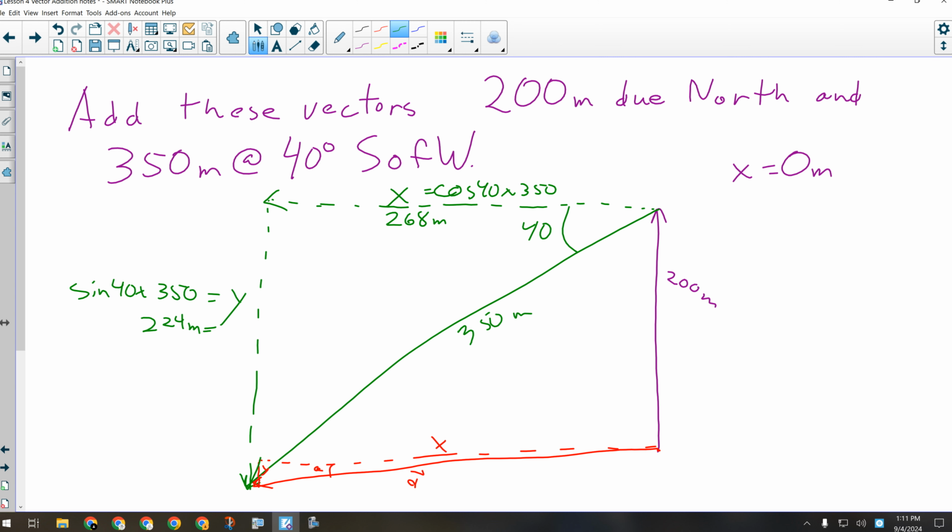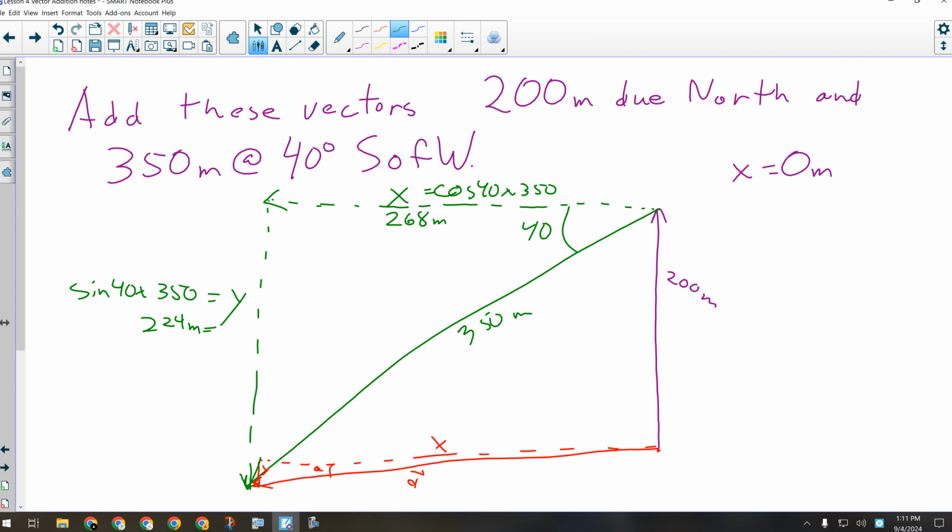We went 200 meters north in the first part, and then in the second one, we go just a hair past that in terms of going south. But we end up 268 meters west. So now I've done all the x's and all the y's. It was way less work for this one because I didn't have to do any trigonometry for the purple vector. It wasn't a triangle.